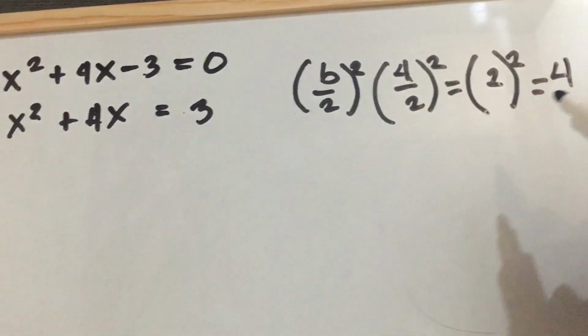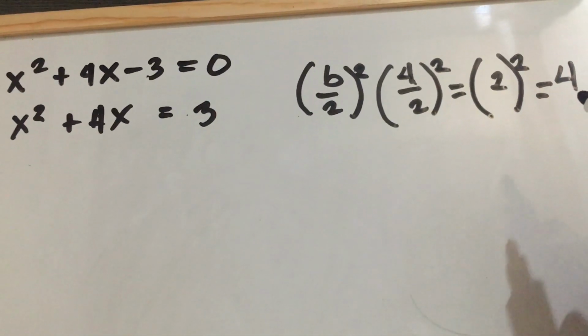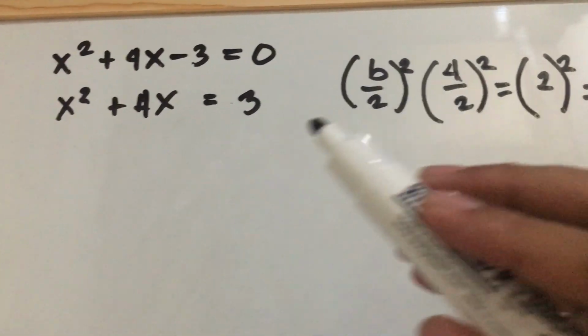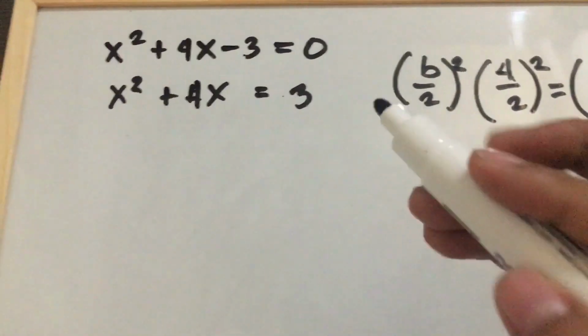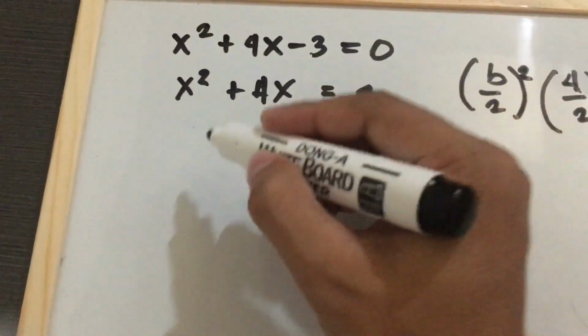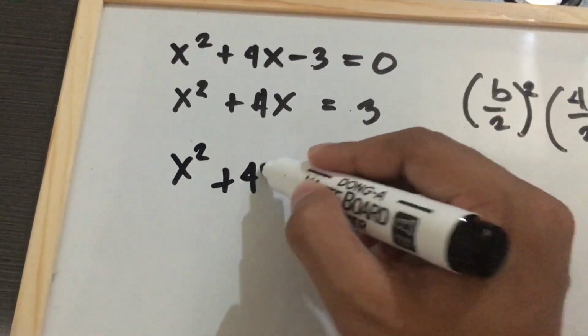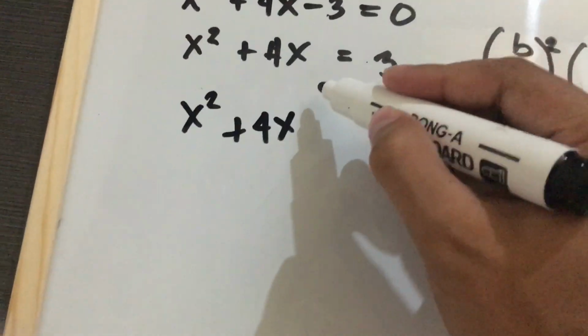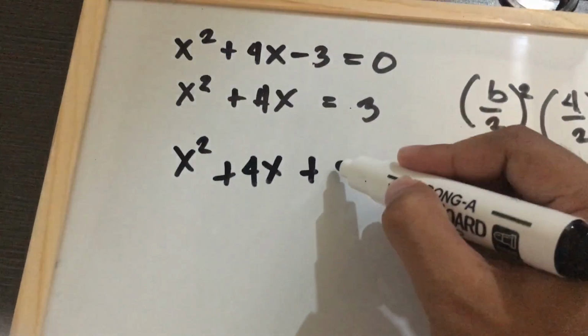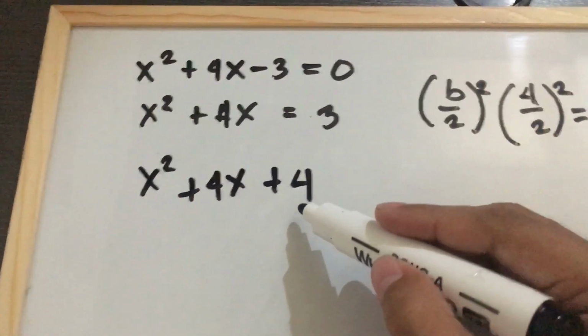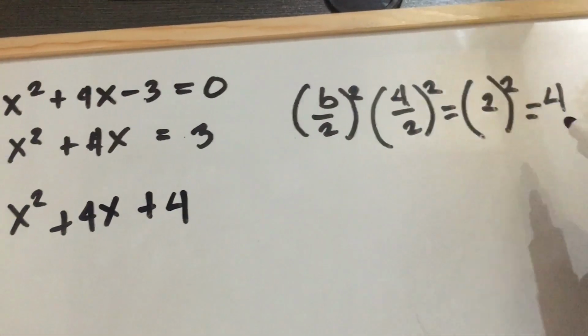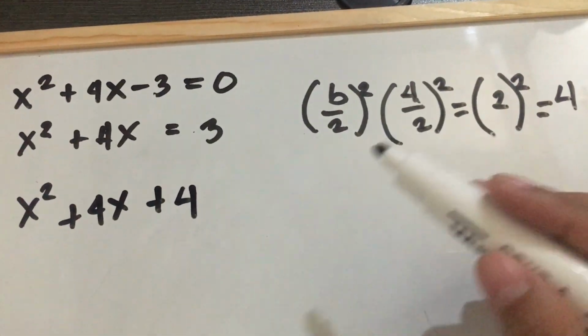So this 4 is the certain number we add to the left and the right. So we have x squared plus 4x plus 4. Again, the 4 is what we got using the completing the square formula.